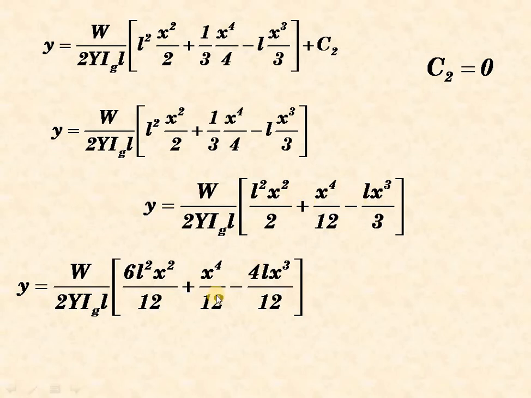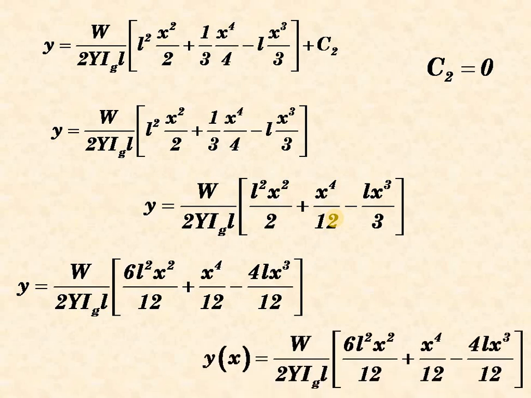This can be summed up by taking a common denominator, that is 12, and in the numerator you can take 6L square x square as the first term, the second one simply x raised to 4, and the third term minus Lx cube by 2. A common denominator is taken as per the rule for adding fractions, and you can add up now.